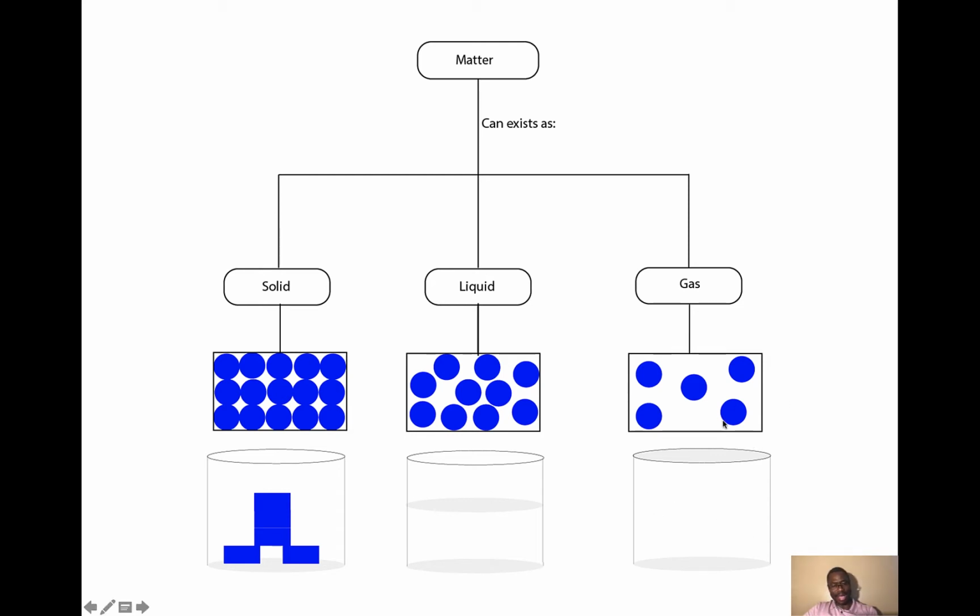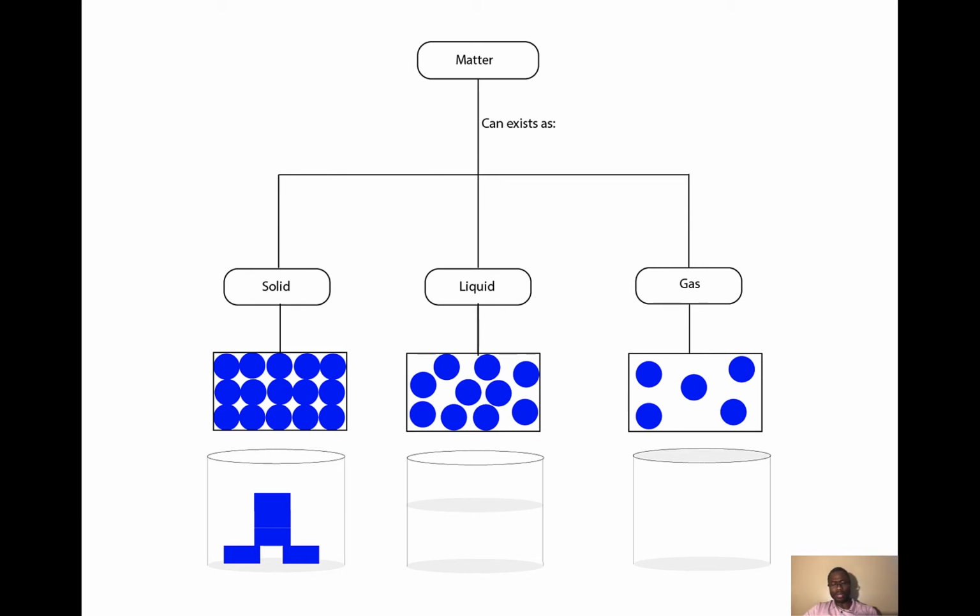Gases are usually invisible, but gases fill up whatever container you put them in. So they fill up the whole space because the molecules or atoms of gases are always moving about randomly and fill the whole space.